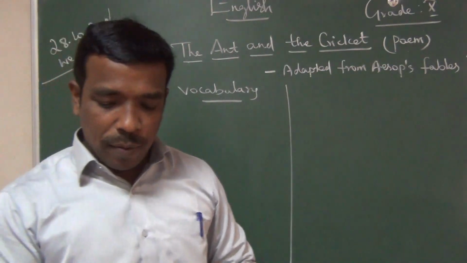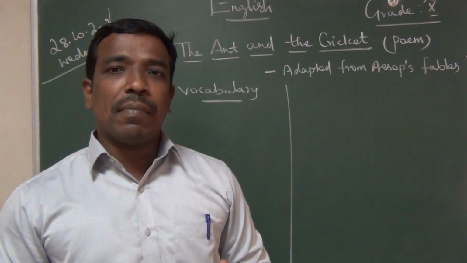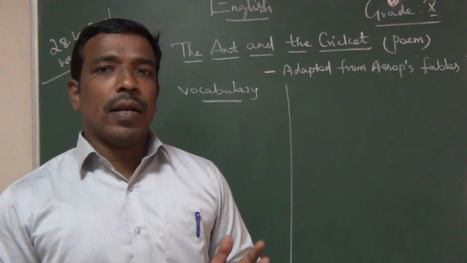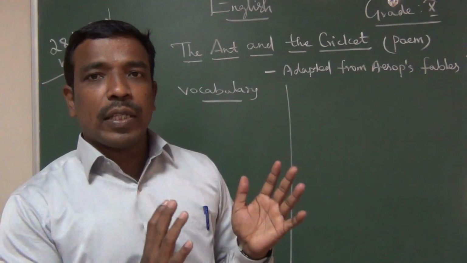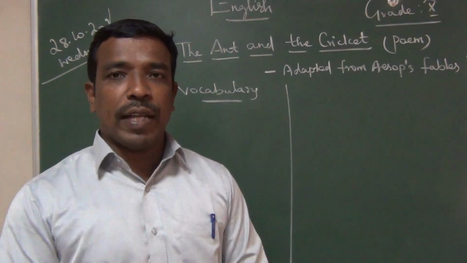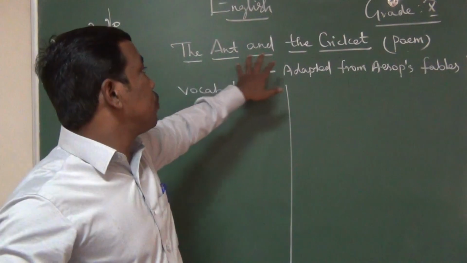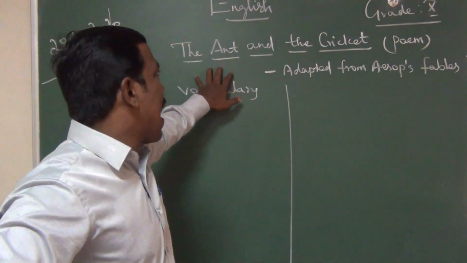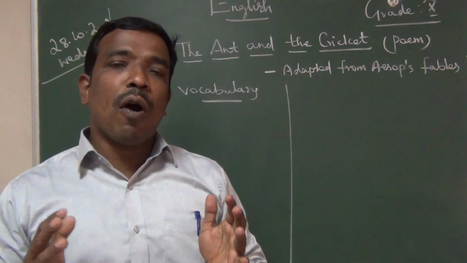Another important point: usually the characters in fables are animals. Most usually they use a symbolical representation, that is, animals. In this poem, they are taking two insects, the ant and the cricket. Ant, you all know very well.